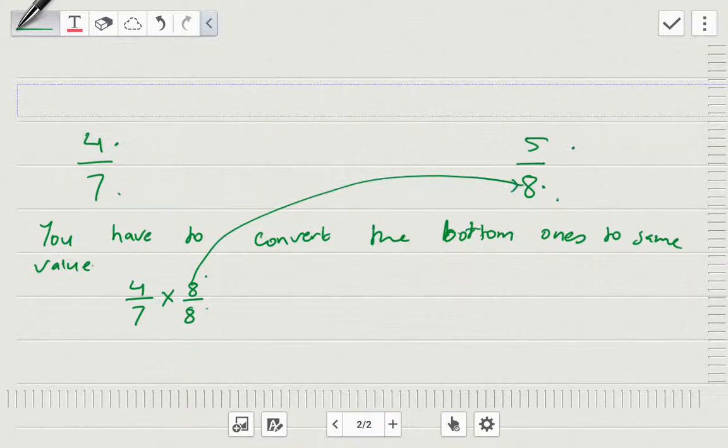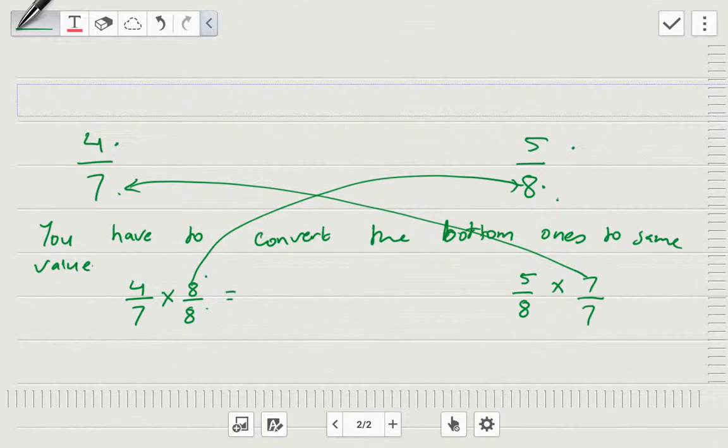Now, as you know, for a fraction you can multiply top and bottom by the same value. Whereas for this fraction, you multiply top and bottom by 7. Well, why 7? Because the other fraction has the denominator 7.